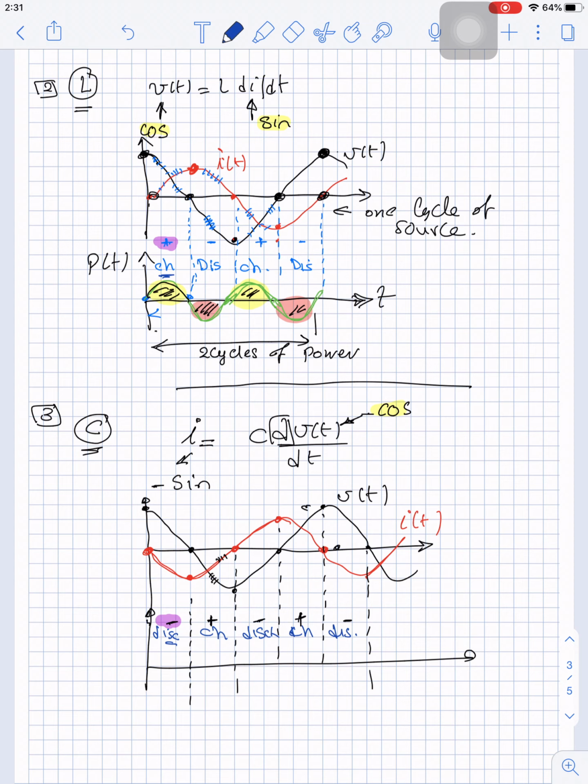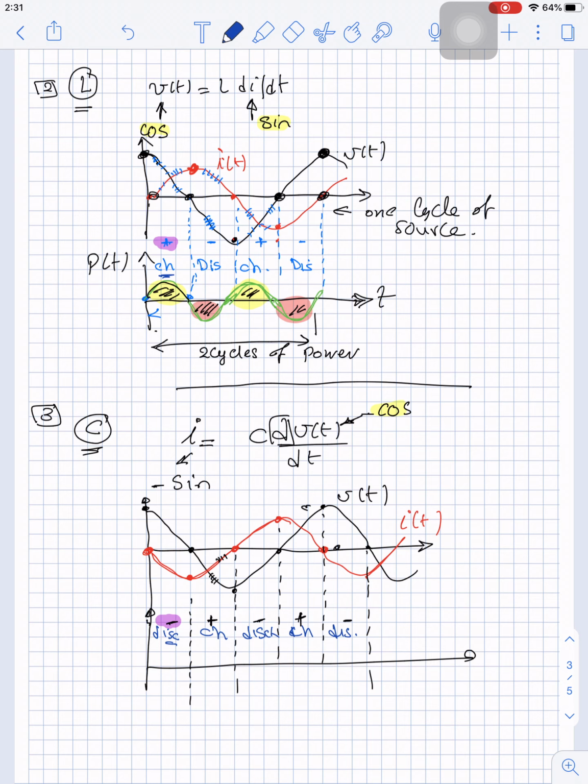When the inductor takes energy from the source, the capacitor is giving energy to the source. That's why if you have an inductor and you add a capacitor in parallel, they will counterbalance each other. If one is positive, the other is negative, because one is charging when the other one is discharging. That's why they are opposite. L and C, in terms of power, are opposite.